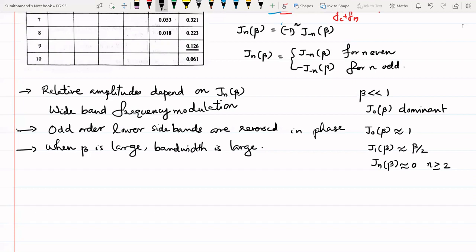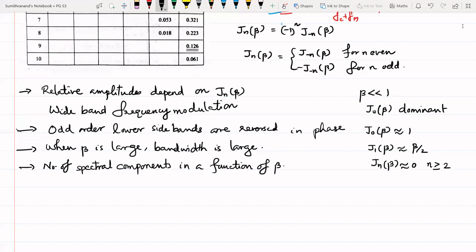So we have already seen that the number of significant spectral components is a function of beta. So when beta is very much less than 1, only the J0 beta and J1 beta functions are significant.